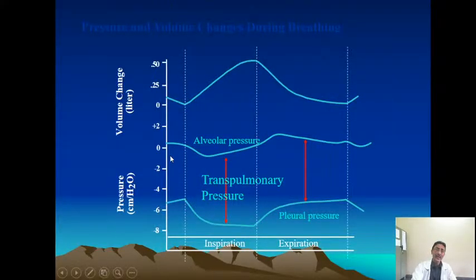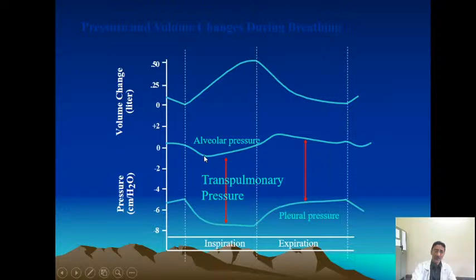Then when we mark the pressure changes happening in the alveoli during inspiration, the graph depicted is like this. You see what is happening. This is the graph recording the alveolar pressure. At the beginning of inspiration, you will find that the alveolar pressure is falling.